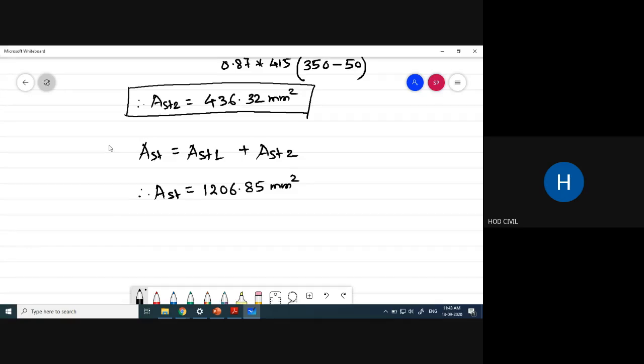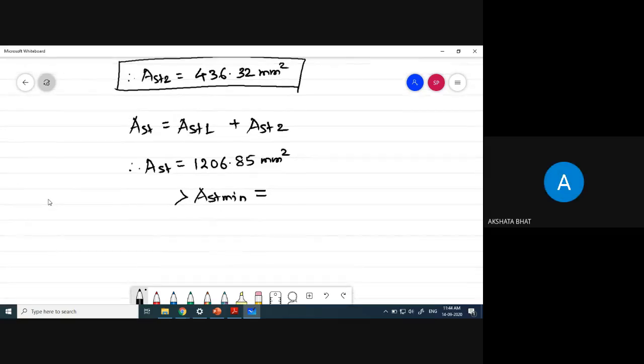We have to check this value against the minimum and maximum area of the steel as per the criteria given in code. Okay, so AST should be greater than AST minimum. So what is the formula for AST minimum? 0.85 BD upon Fy. So calculate this value.